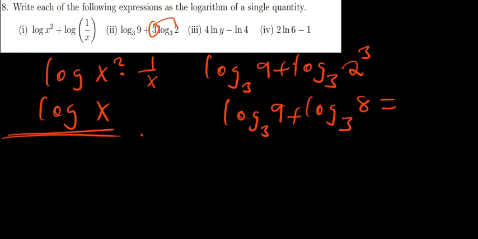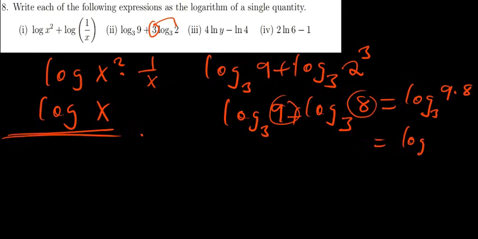Provided that the base is the same, you rewrite this, then you multiply this times that. So it's 9 times 8. It's not a point, guys, it's times. So 9 times 8, it should be 72, but I don't know. 1 2 3 4 5 6 7 8. Yeah, it's 72. So 72, that's the answer.